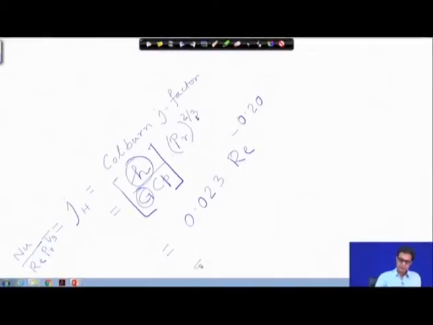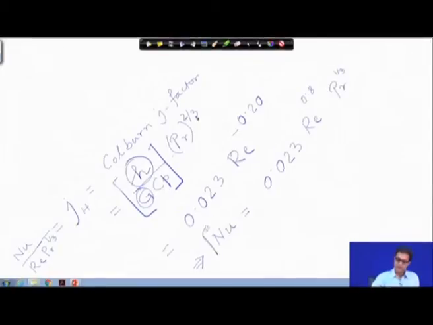If we want to express it in terms of the Nusselt number, then the Nusselt number becomes 0.023 Re to the power 0.8 and Pr to the power 1/3.